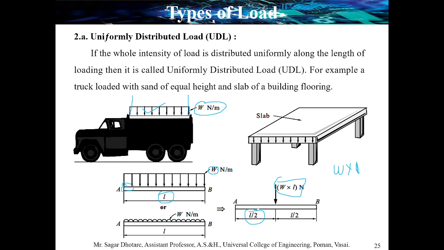In a few examples, it is denoted like this, the uniformly distributed load. Look at this: all the arrows are equal in size, so it means that it is a uniformly distributed load, applied over a span of length L. So W into L is the magnitude of the single point load, located from point A at a distance of L by 2.